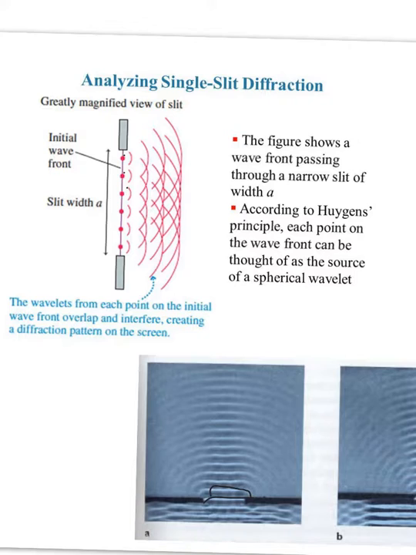According to Huygens' principle, each point on the wave front can be thought of as a source of a spherical wavelet. The reason we get this spreading out is that when you consider all these individual wavelets spreading, and they constructively interfere with each other, you end up getting this wave front, which is basically just adding them all up together.